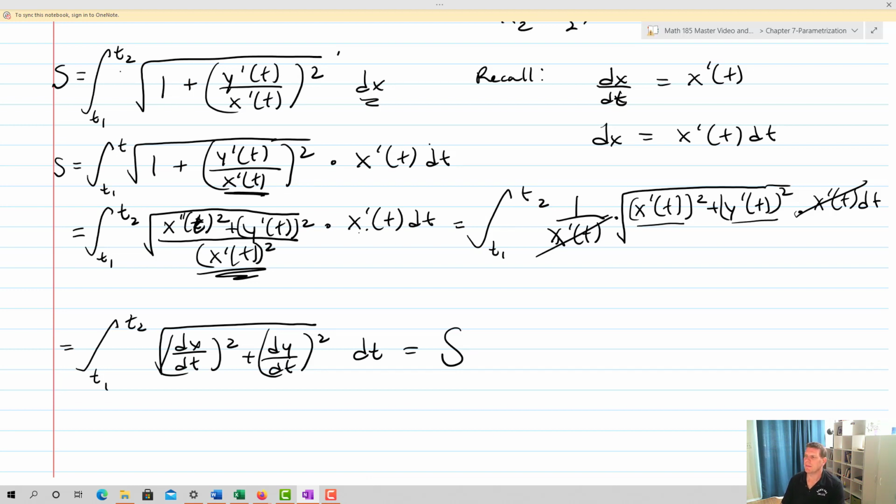And again, what we're going to be doing is integrating with respect to t. We can do this by utilizing the definition for the integral, but for me at least, this is the more intuitive way of going about things. Okay? So let's do some examples.